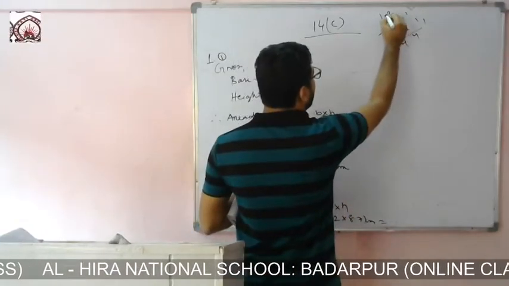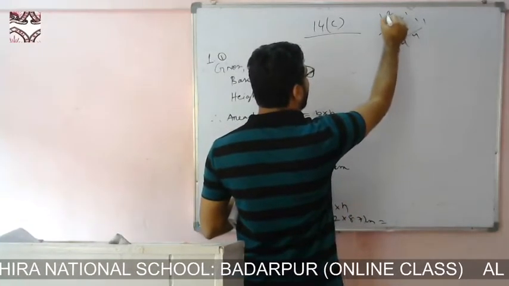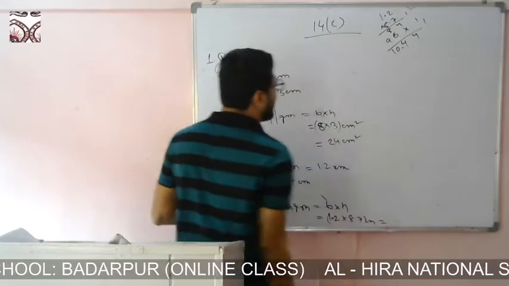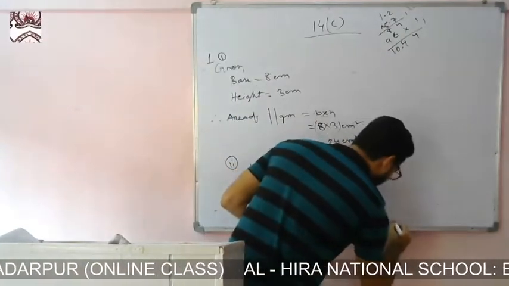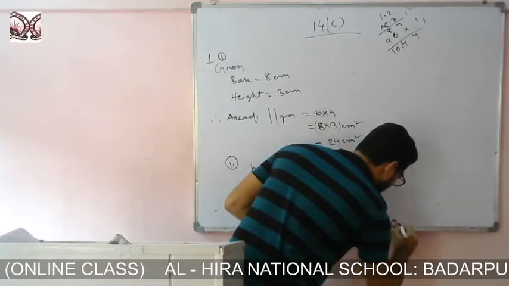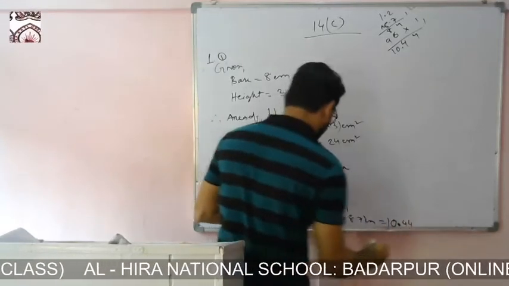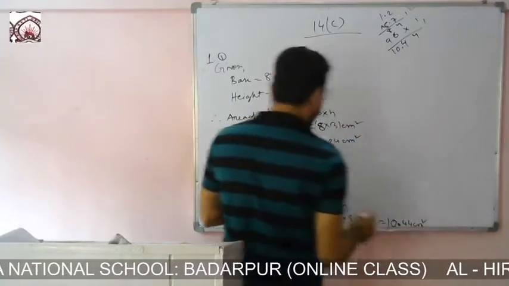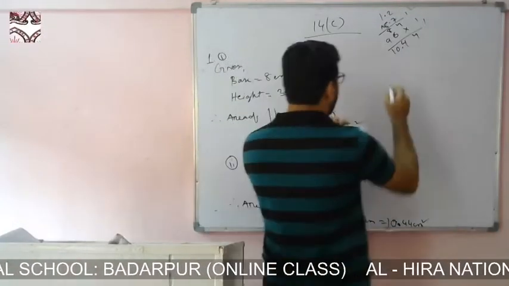So here there are two places after which the decimal will come. 10.44. So 10.44 is the required answer, centimeter square.